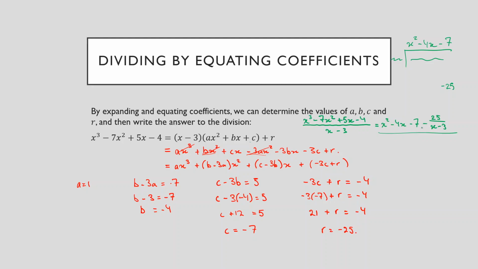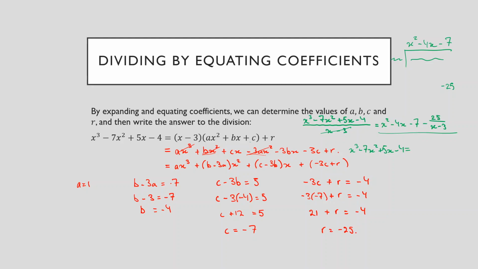Now first of all, why is it able to be written like this to begin with? Well, notice if this is our final answer, I can now multiply both sides by x minus 3, and what I would get is, I'm running out of room, x cubed minus 7x squared plus 5x minus 4. Multiplying both sides by x minus 3, that's gone, and what I would get is basically all of this stuff times x minus 3.